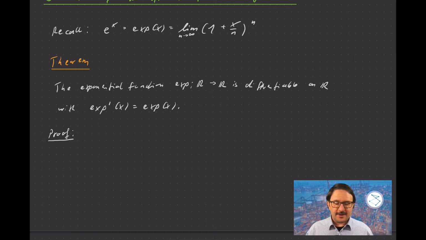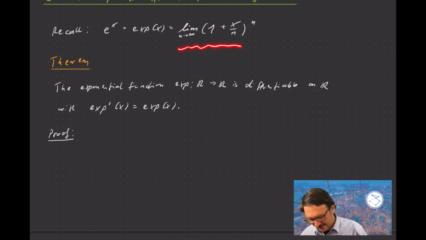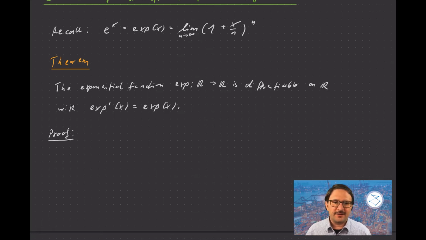First, I'd like to establish an inequality that holds more generally, and then I'd like to use this inequality and apply that to the special case that then yields a function defined by that limit, so that we can finally find the correct derivative of the exponential function this way.